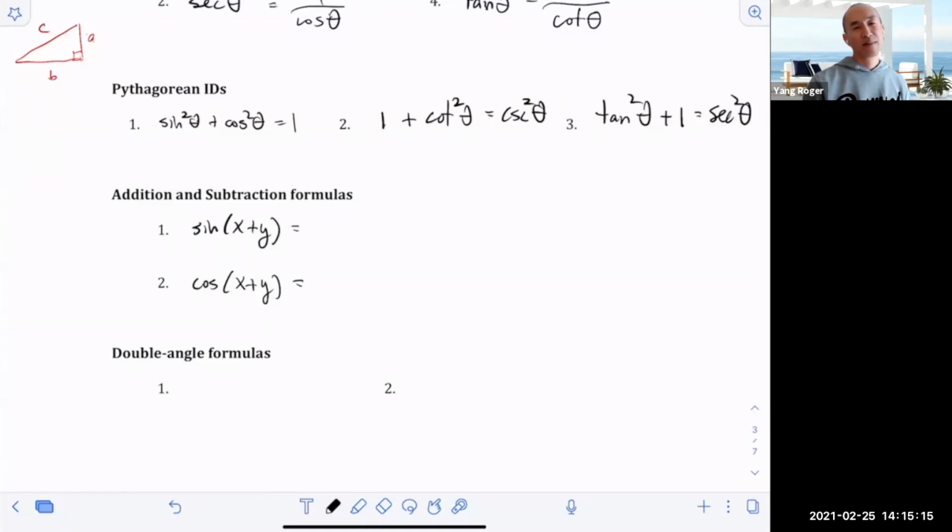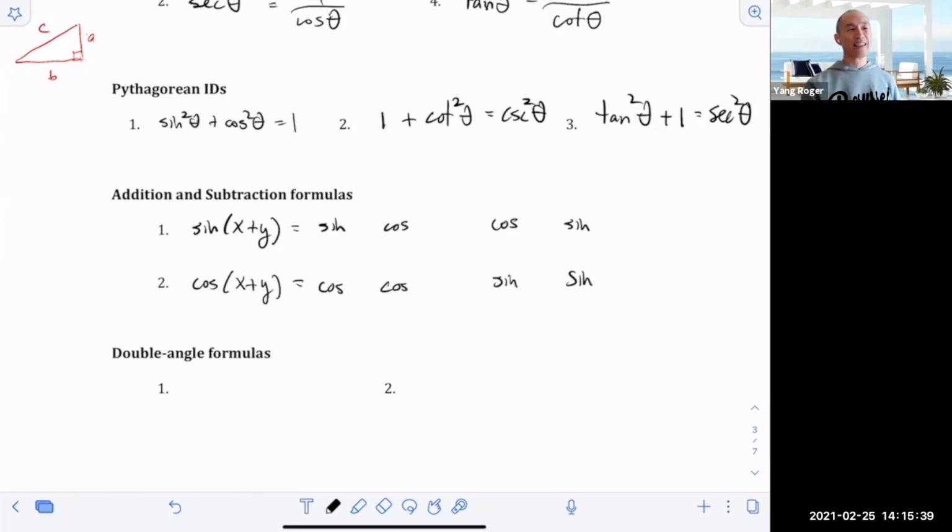She goes, sine, cosine, cosine, sine, cosine, cosine, sine, sine. Now, it sounds ridiculous, but I could never remember these before the student taught it to me. Right?